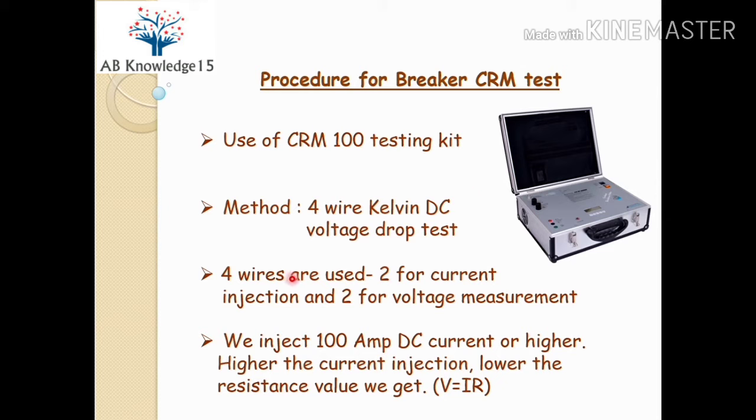Here 4 wires are used: 2 wires for current injection and 2 wires for voltage measurement. We inject 100 amps DC current or higher, because the higher the current injection, the lower the resistance value we will get, according to the equation V is equal to I R.